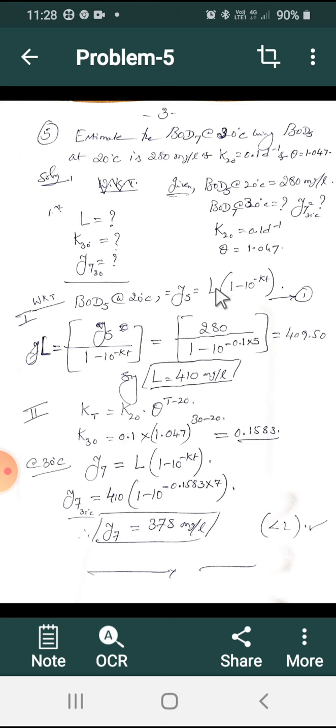Now find out the L value by substituting all the values in this. Therefore, the L value is equal to 410 milligrams per liter. Keep this L in mind and find out the other parameter.